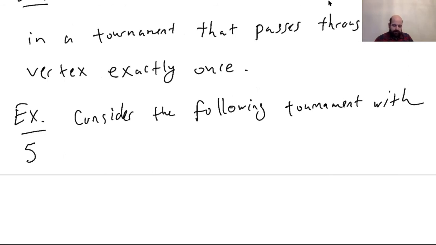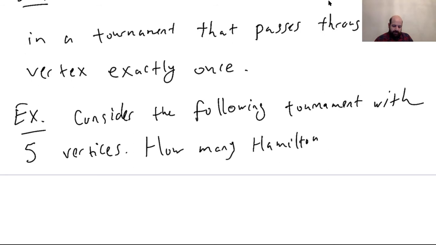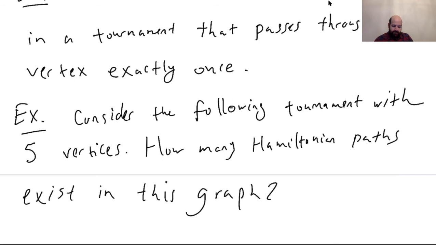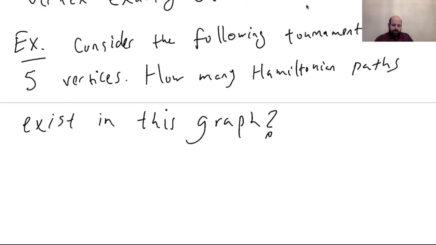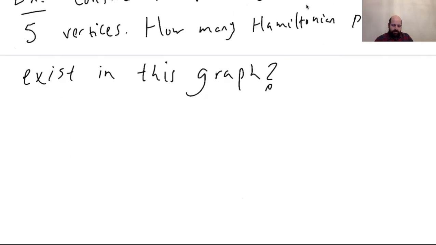I mean, application could be teams, but here let me say vertices. How many Hamiltonian paths exist in this graph? Okay, so let me show you the tournament here.